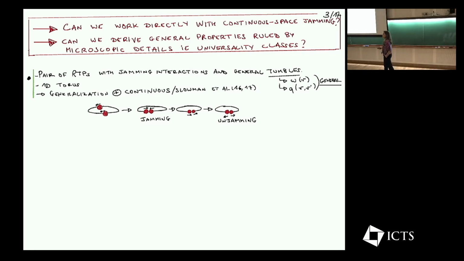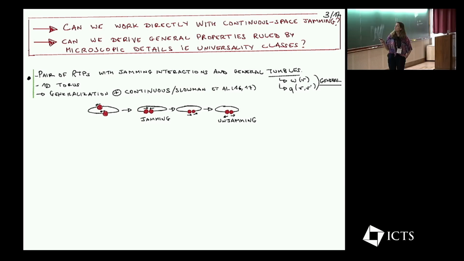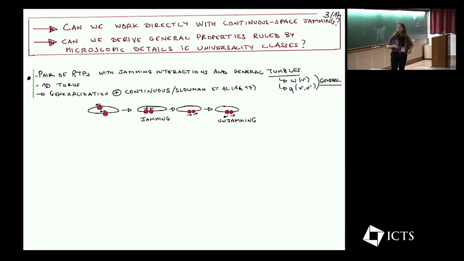I'm going to consider N RTPs with jamming interaction on the 1D torus. This is a model of Sloman et al., but generalized to any tumbles, because the point is to define universality classes that say: if your particles tumble this way, the steady state is going to be this way; if they tumble another way, it's going to be in another class.